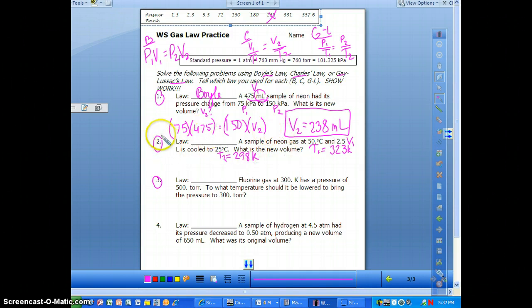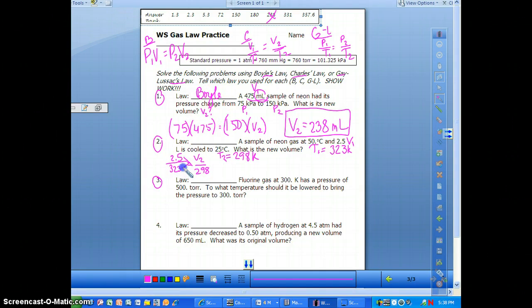And you'll put in 2.5 over 323 equals V2 over 298.